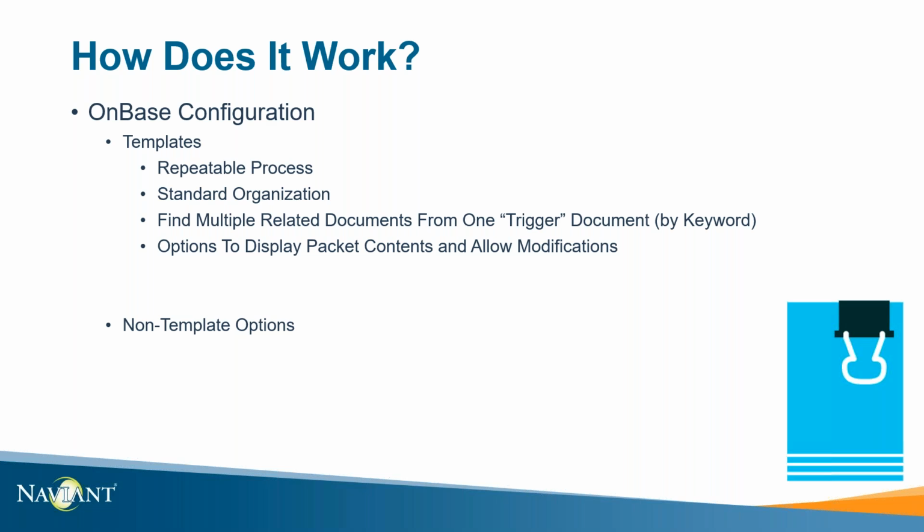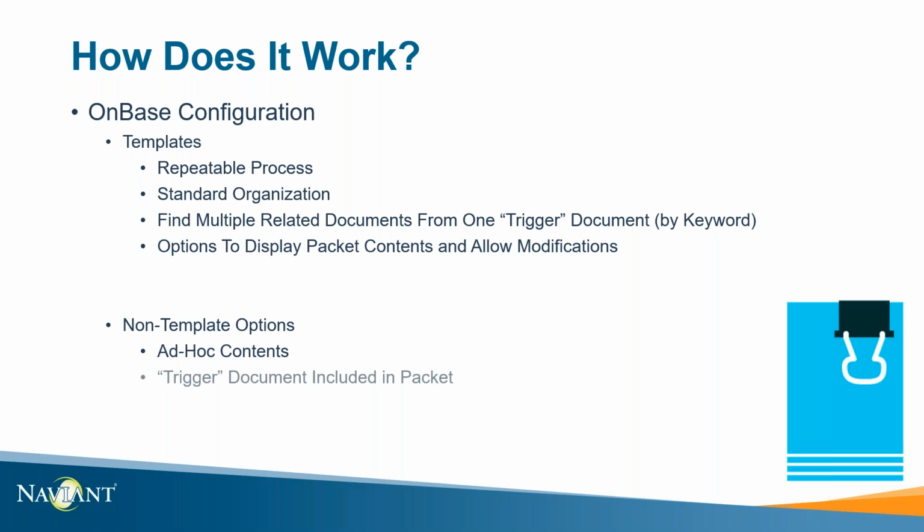So somehow, some way, we're going to start this trigger by saying, let's create this packet. And we find those related documents by keyword, just like you do for cross-references and other things like that inside of OnBase. And there are options to, again, display that packet contents and allow a user to make modifications to that before actually generating that packet. Again, that's an option. We can turn that off if need be.